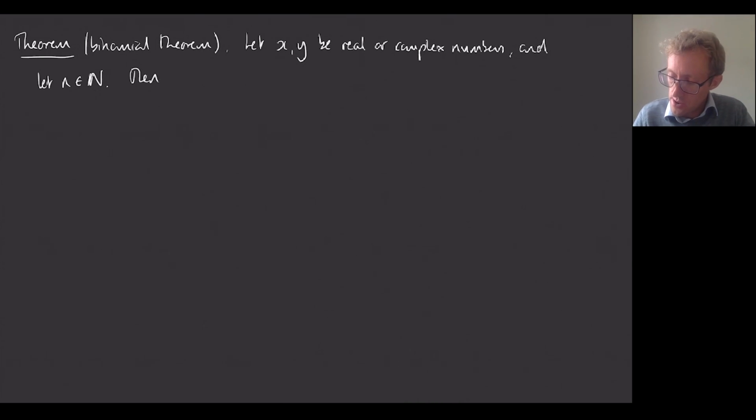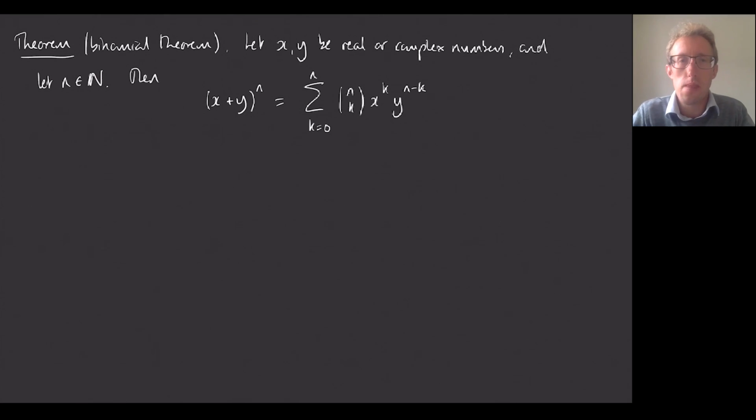Then the theorem says that x plus y to the power n can be expressed as the sum from k goes from 0 up to n of n choose k, x to the k, y to the n minus k.